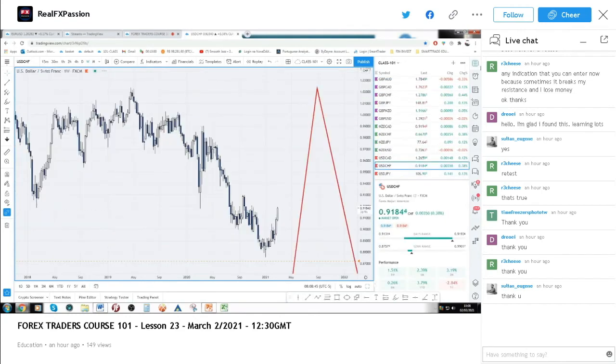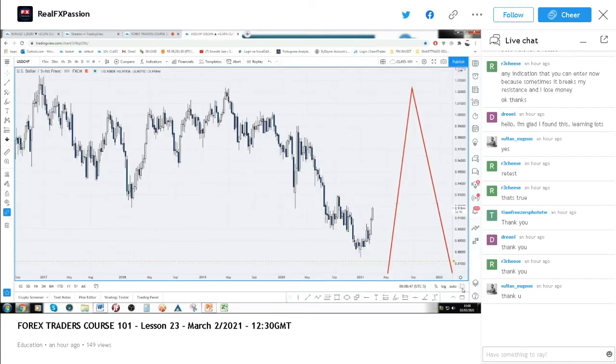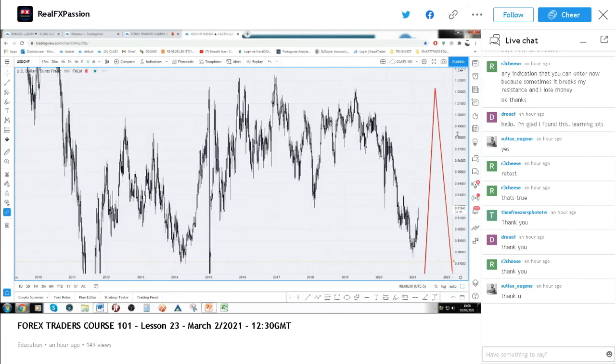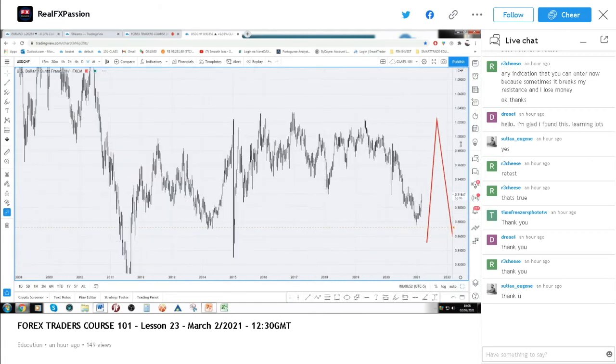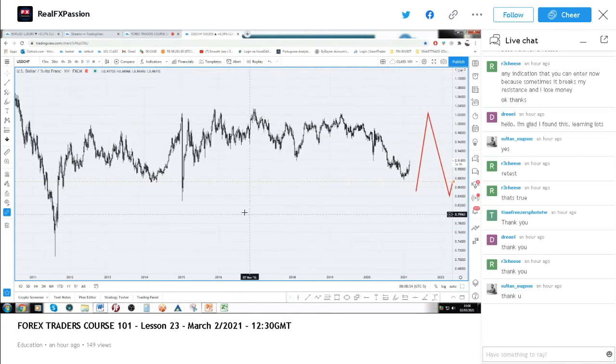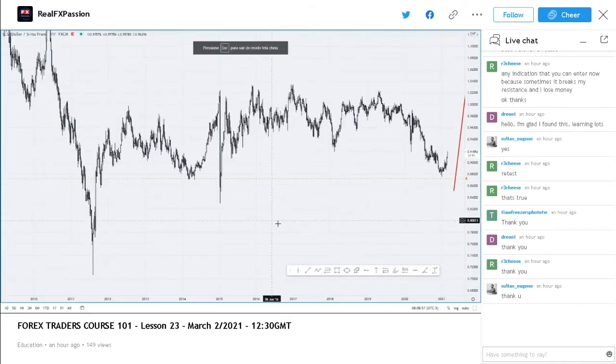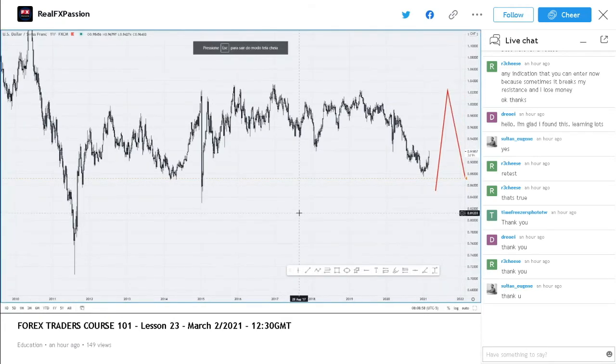So one more, it's USD/CHF from the weekly time frame, weekly chart. And this market too, some traders would say, oh, it's in an uptrend. Well, I don't agree.